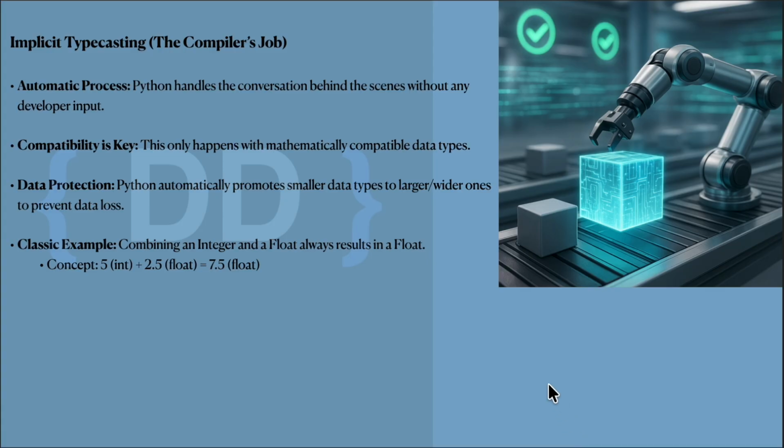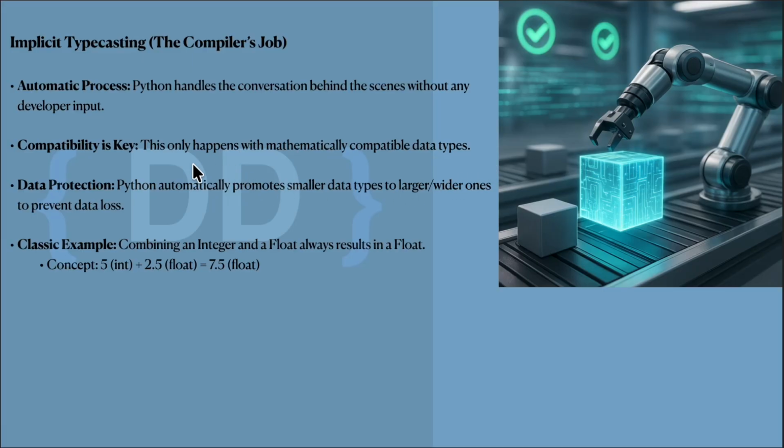Implicit data type conversion is performed automatically by Python's compiler, as we discussed in the previous slide. So now you see here there is a robotic arm on a supply chain belt. It's performing its task automatically. Similarly, at the back end, Python has a compiler that automatically makes sure that implicit typecasting is happening.